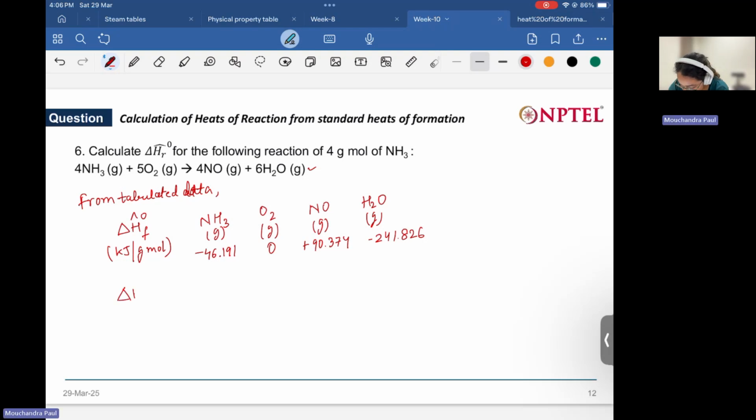So now, in order to calculate the standard heat of the reaction, it will be the summation of heat of formation for products minus reactants.